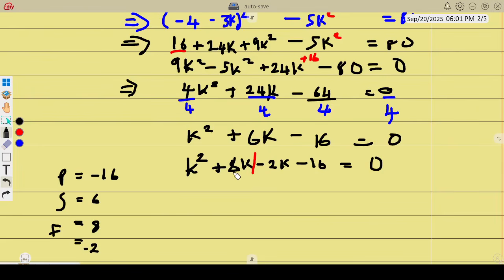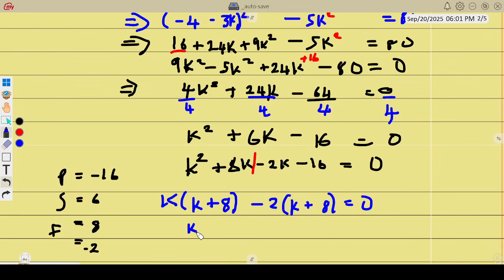Here the common thing is k. So k is factored out, we remain with k plus 8, and then on the other side what's common is negative 2. Here we remain with k plus 8. This is equal to 0.